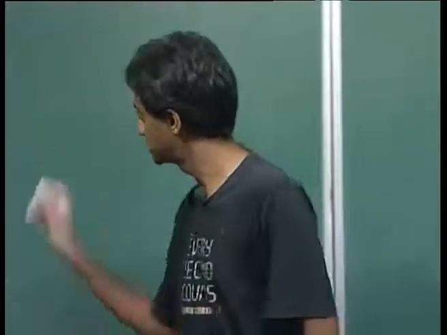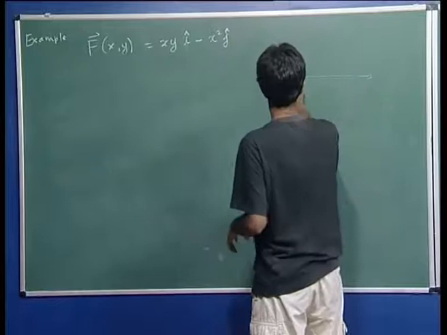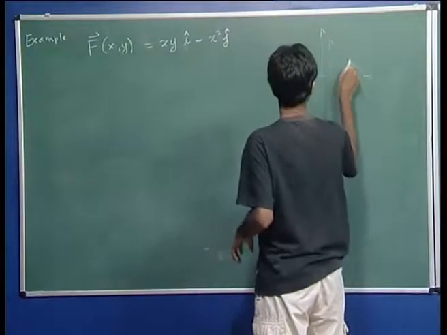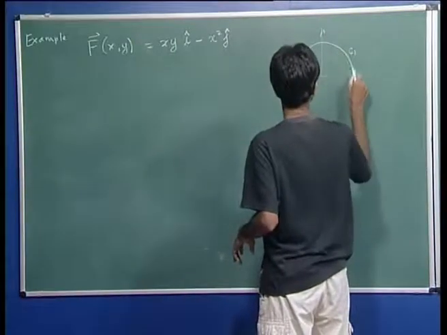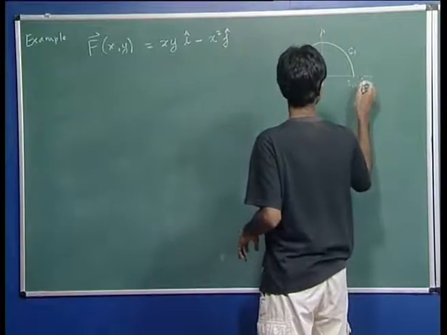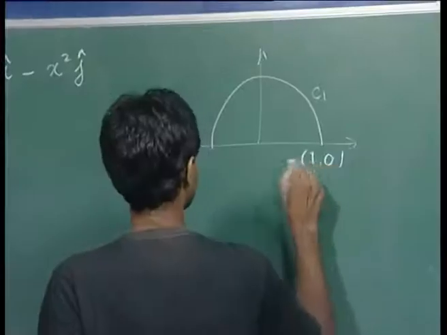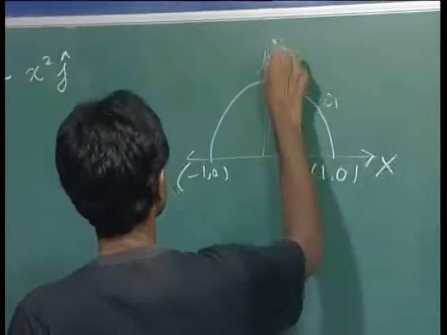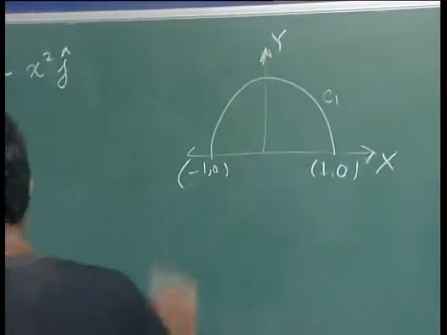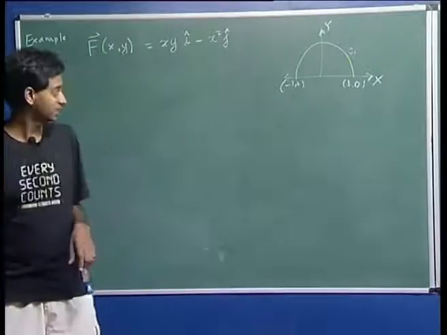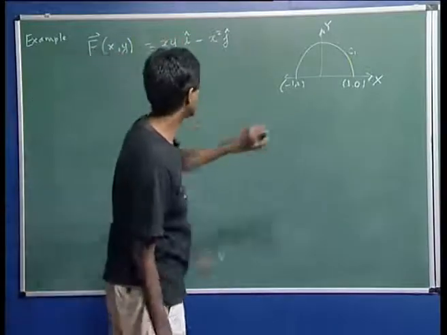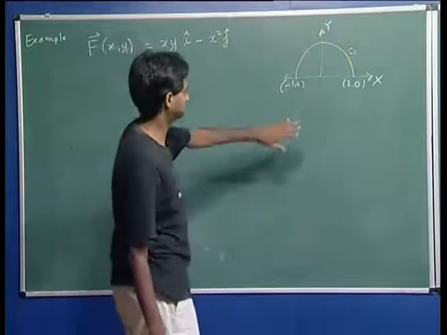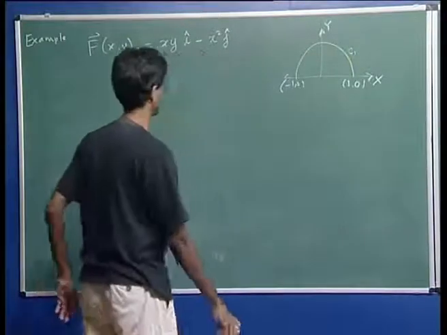Okay. Now, just one more thing I wanted to mention about this is along the path C1, so along this path C1, we calculated the work by using the equation of the semicircle and substituting for y.